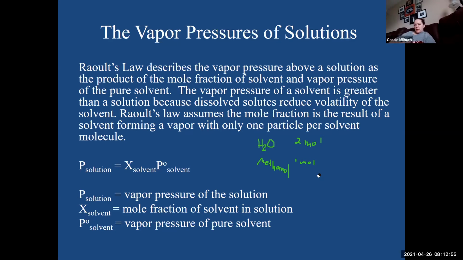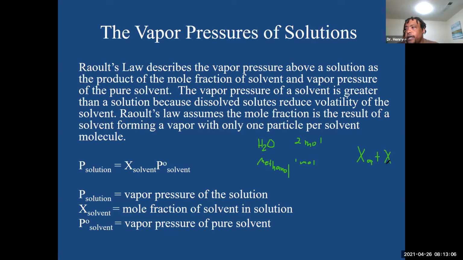Is that just your XA plus your XB? So XA plus my XB is going to equal 1. This here represents my mole fraction, my XA. Again, mole fraction is the part over the whole, right? So the part over the whole. Which one would be the part and what would be the whole in this case?